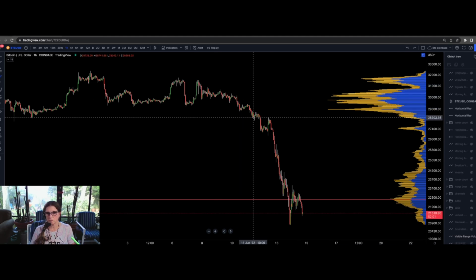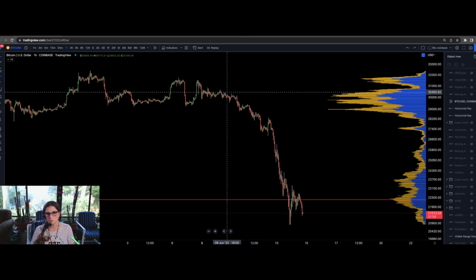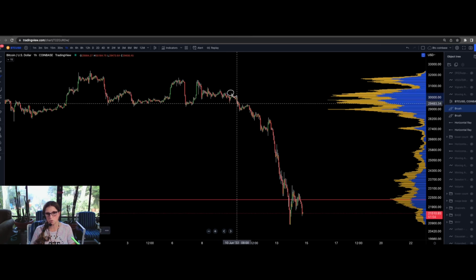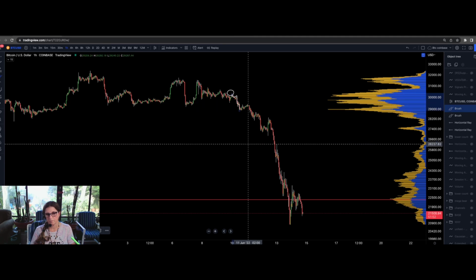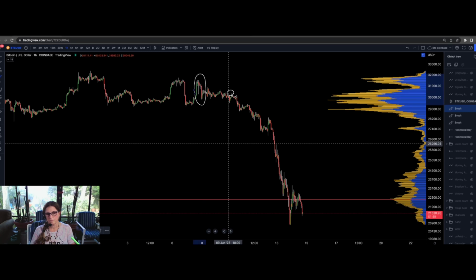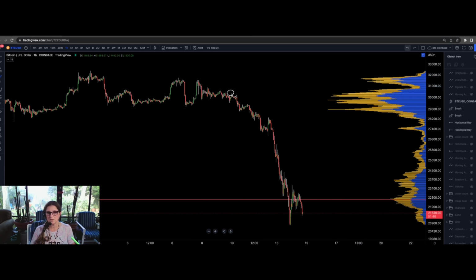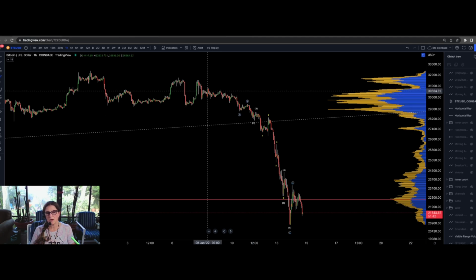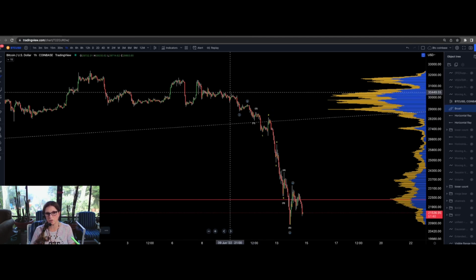So I think that the move actually started from right here with the first little 1, 2, 3, 4, 5. This right here is not a 5-wave move. Okay? So with that said, I think we have a nest up here that started with this 5-wave move.